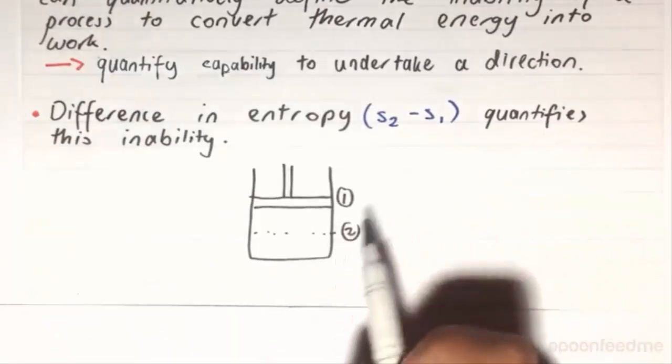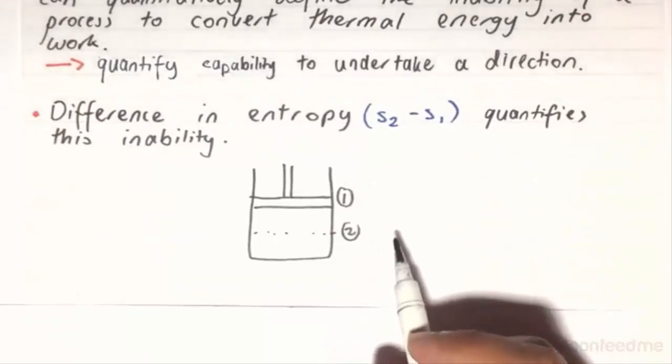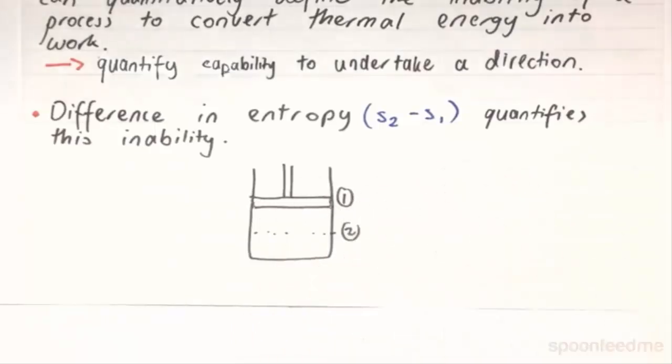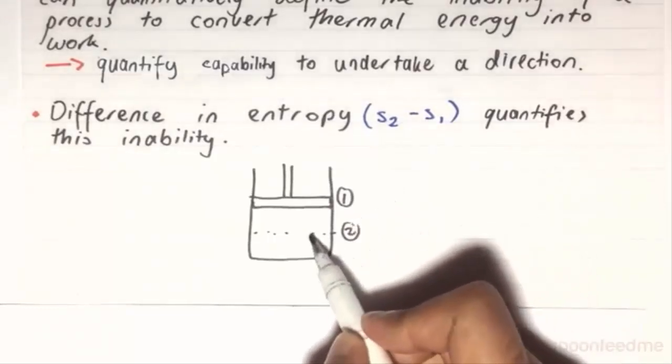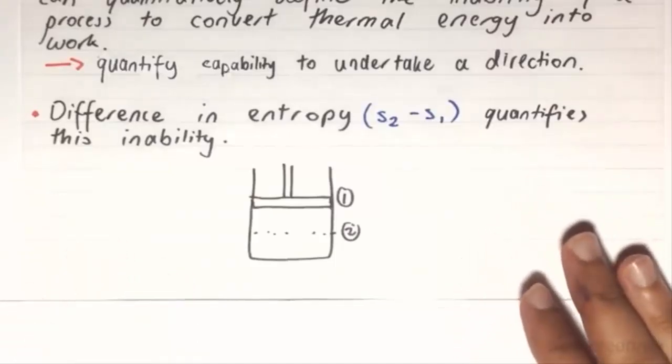Let's say that this situation is irreversible, so let's say that there's some friction on the sides here. If you want to, for example, determine the change of entropy, we just look at the entropy at this state and the entropy at that state, and with regards to that, we can determine whether or not it is a process that is actually viable in real life.